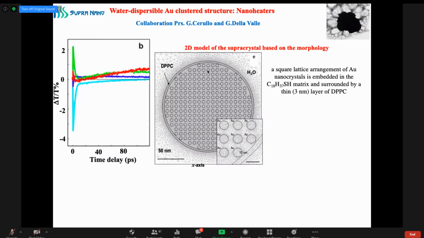Then we also have supraballs, and you can see the supraball here. You can see that you have steps, and this is well known. Many groups work on this, but on a very large scale. And again, if you look at the tomography, you can see that you have steps.